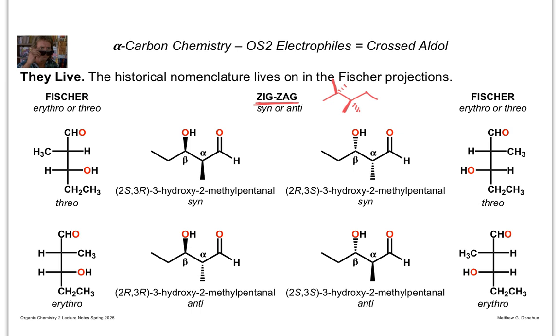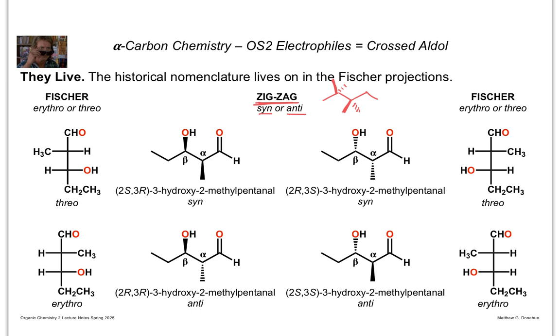So organic chemists use that. That's important for polymer chemistry as well. There's a type of polymerization called Ziegler-Natta, where you're looking at the stereochemical relationship of those substituents. And so terms that are often used for these are syn or anti.